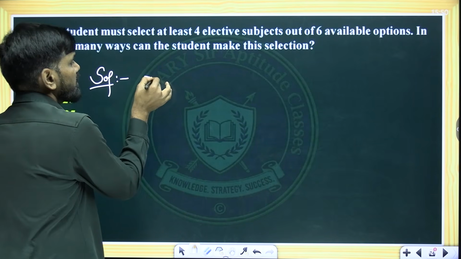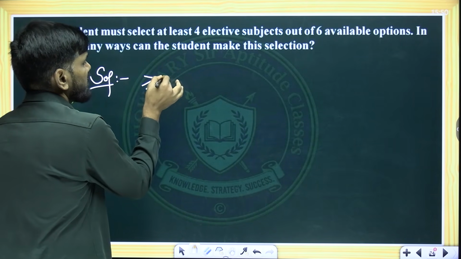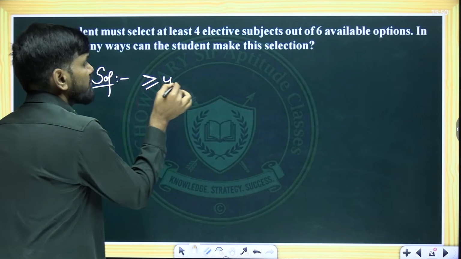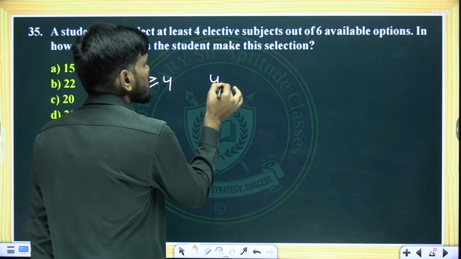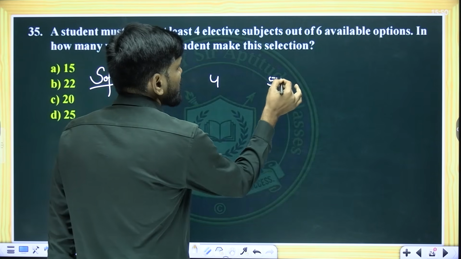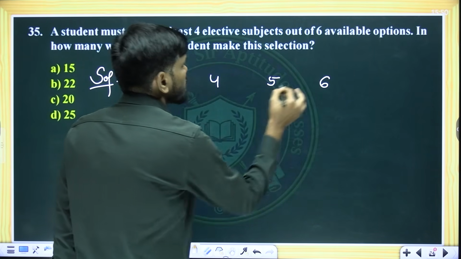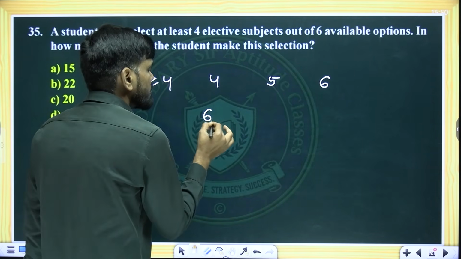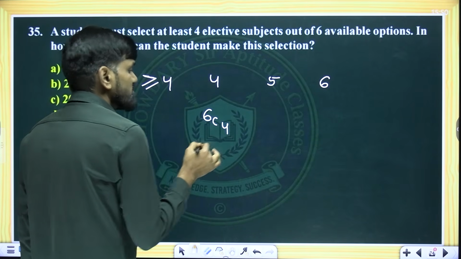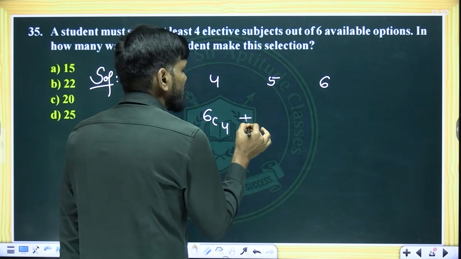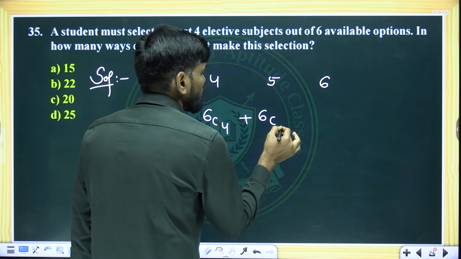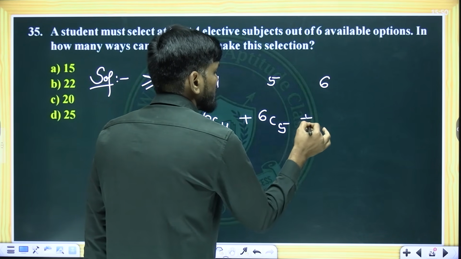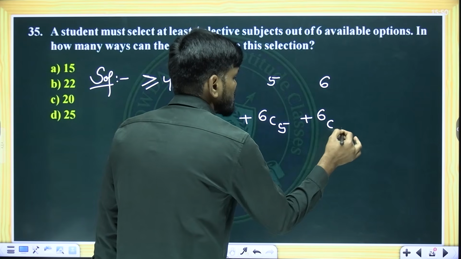So the number of electives should be greater than or equal to 4. That means he can choose 4 elective subjects or 5 electives or 6 electives. Out of 6, he can choose 4 electives in 6C4 ways, 5 electives in 6C5 ways, 6 electives in 6C6 ways.